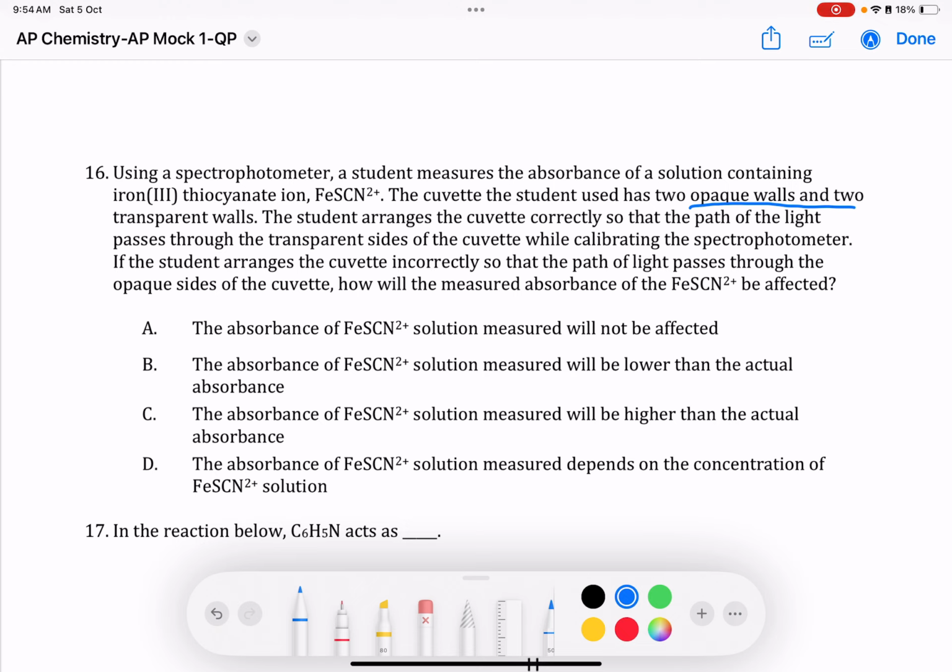So, which makes the absorbance higher. Now, the student arranged the cuvette correctly so that the path of light passes through the transparent sides of the cuvette while calibrating the spectrophotometer. If the student arranges the cuvette incorrectly, so let's say this is the light and this is the cuvette.